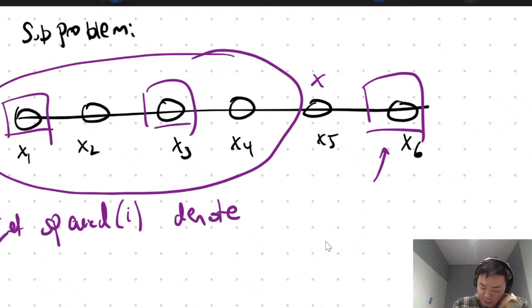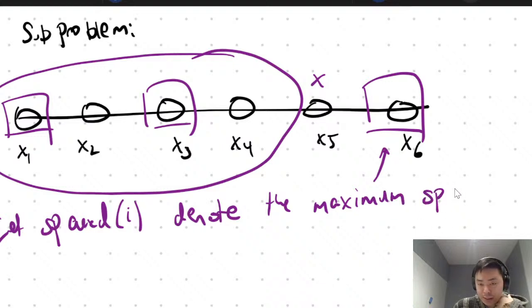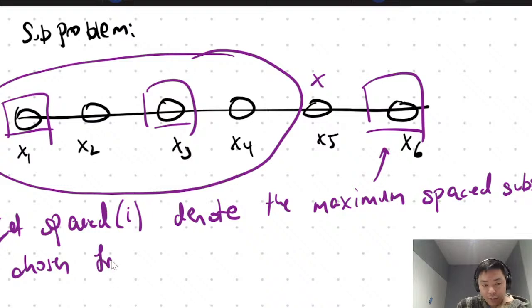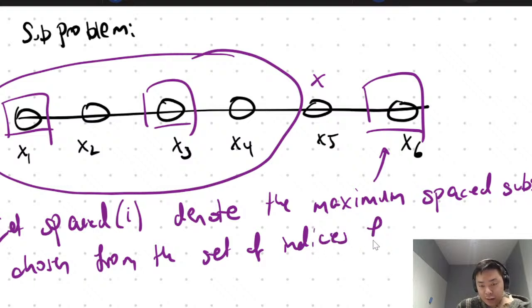So I can just define my space subset subproblem to be the maximum space subset chosen from the set of indices from the set 1 to I, right?